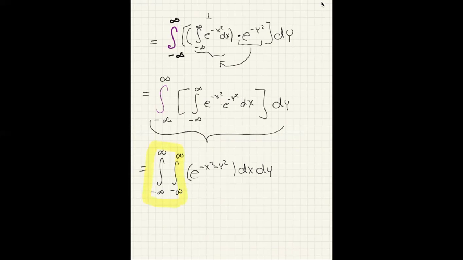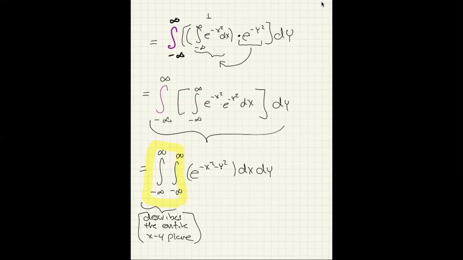It's saying x is ranging from the far negative left to the far positive right, and y is ranging from all the way down to all the way up. That's the full plane. This describes the entire xy plane.